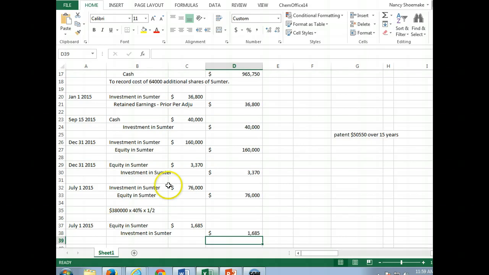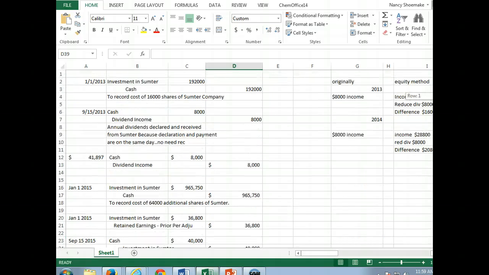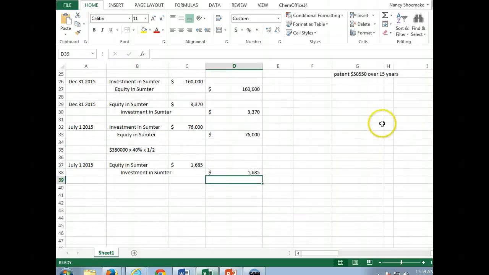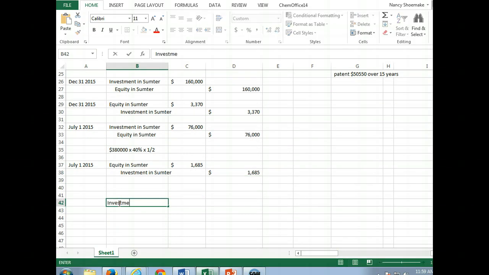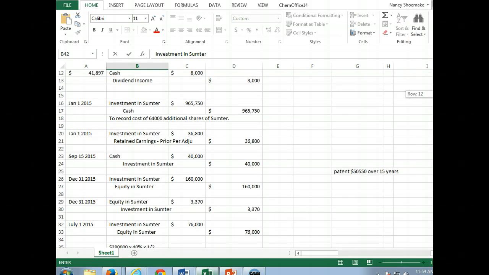So we need to go and really see what we have in Sumter. Okay? I'm just going to have a column here, investment in Sumter. Let's look at our transactions.